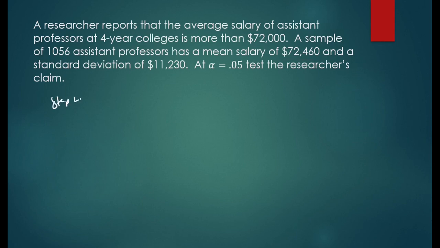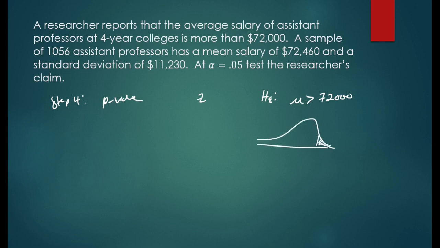In step 4, we are looking for the p-value. Since we're using z, we'll use our z table to find the p-value. And recall that the alternative hypothesis was the mean is greater than 72,000. So we're looking for the area to the right, and we'll use our z table to find that.